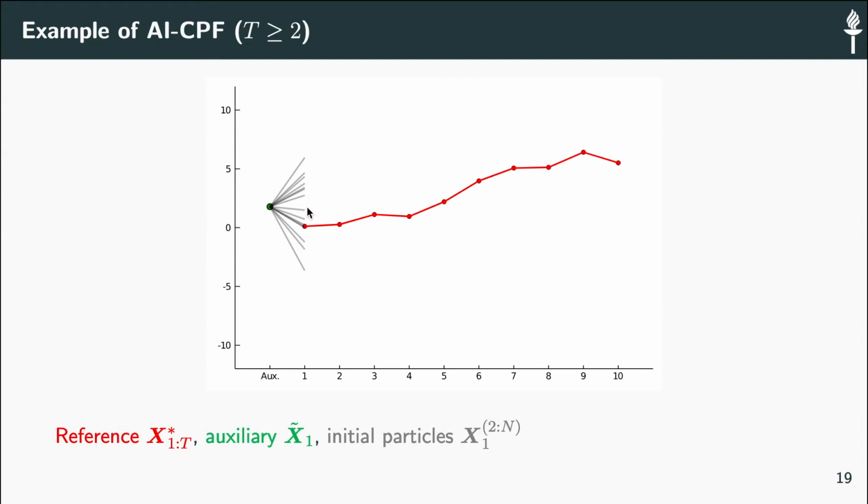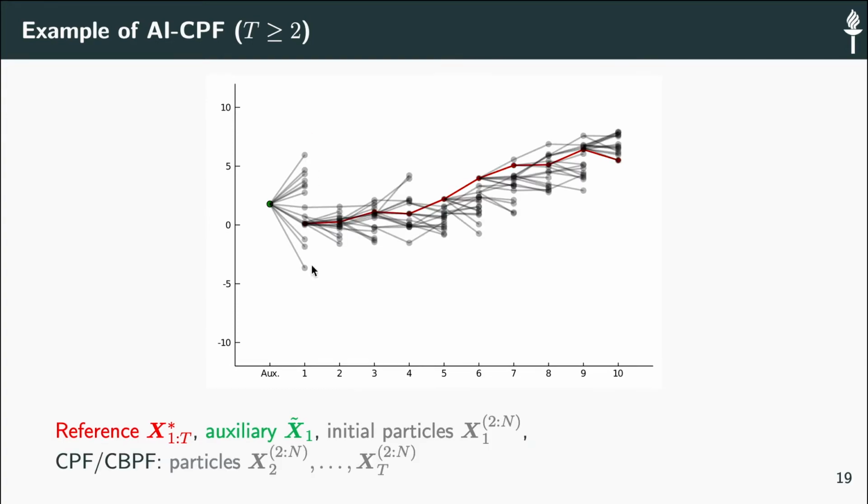This two-step procedure replaces drawing from M1 in the conditional particle filter, but the rest of the conditional particle filter is the same. And we can also do the selection either with or without backward sampling as before. Here it's with backward sampling.